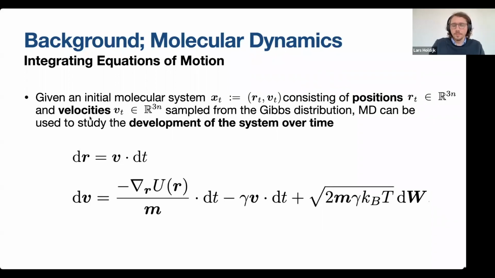And the velocity is also updated based on this Langevin thermostat, where at every time step we take some velocity out of the system based on the friction that's determined by this gamma constant. And then we also add a form of stochasticity into the system, where this W is a Brownian motion.